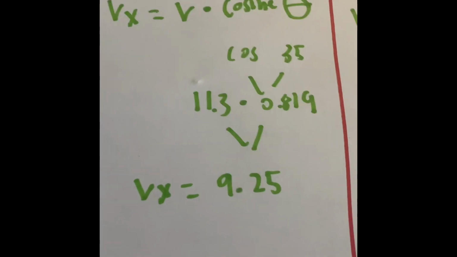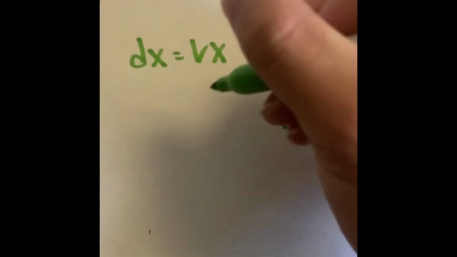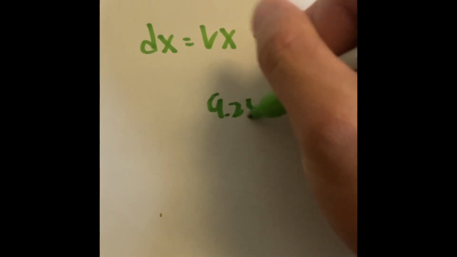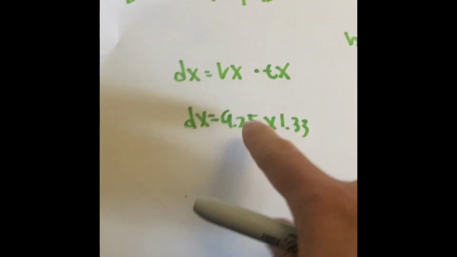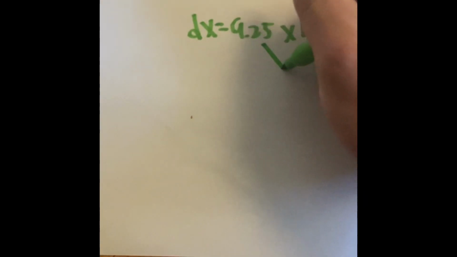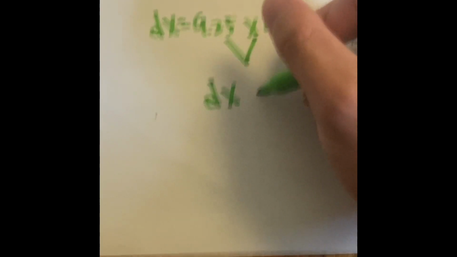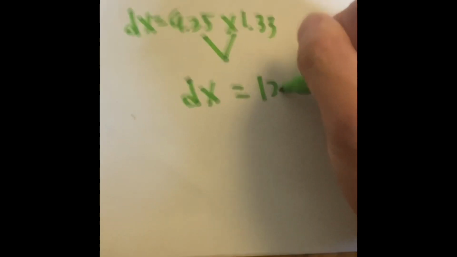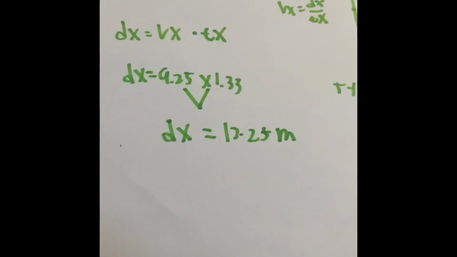The velocity on x is 9.25 meters per second, so we're going to put 9.25 right there. Our dx is going to equal our vx times our tx. When we do that, we should get an answer: the soccer ball should go 12.25 meters before it hits the ground.